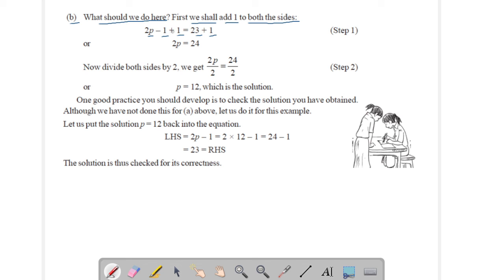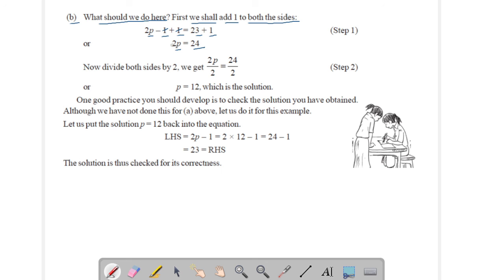And if we are adding plus 1 to left hand side, we have to add it on right hand side also. What will you get here? Minus 1 and plus 1 will be cancelled, because plus 1 and minus 1 will be 0, or you can cancel this. What is left? 2p equal to 23 plus 1, 24.